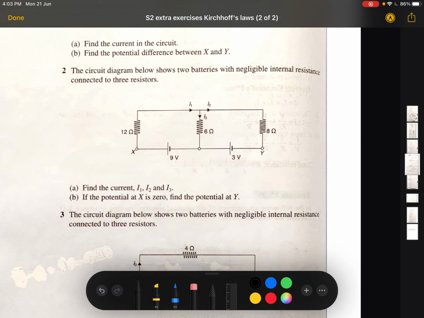First of all, write down Vxy is equal to Vy minus Vx. Next, you have to determine what the currents are. If they are resistors, you have to determine the current. If they are batteries, you don't have to care.